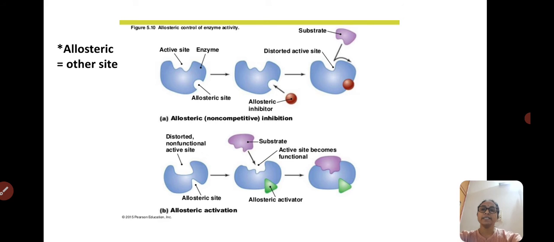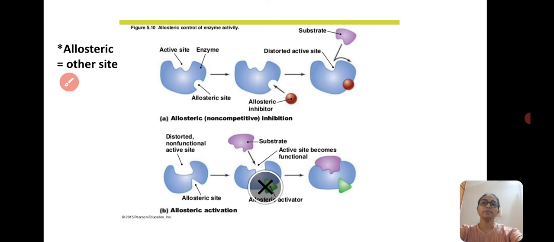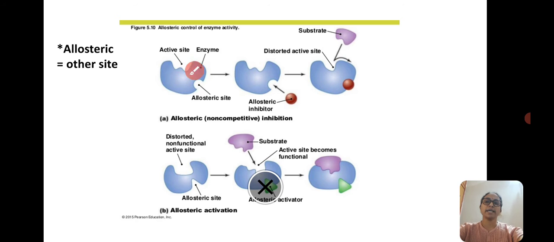And we can see the diagrammatic representation. Allosteric, once again, here allosteric means the site other than the active site. You can see the allosteric site is this particular site, but the active site is here.